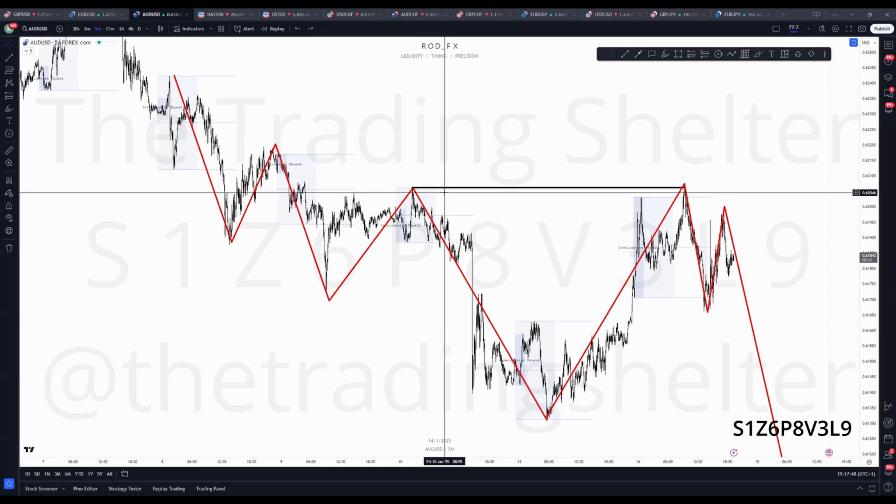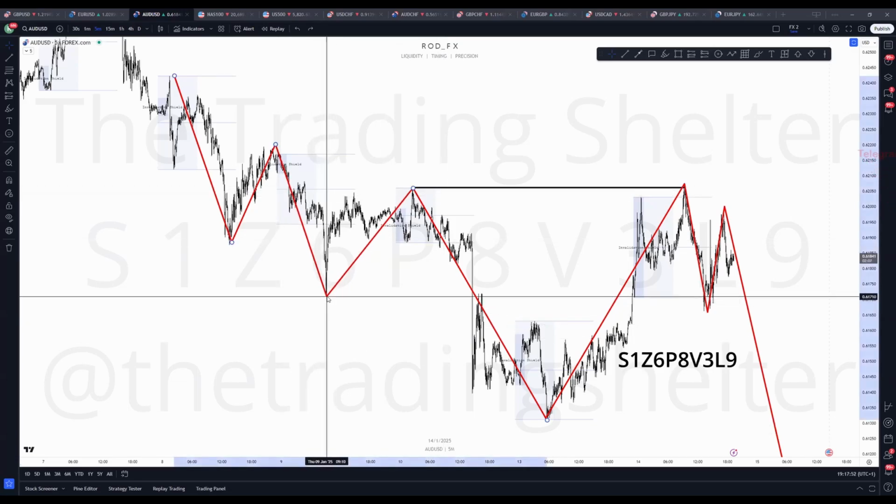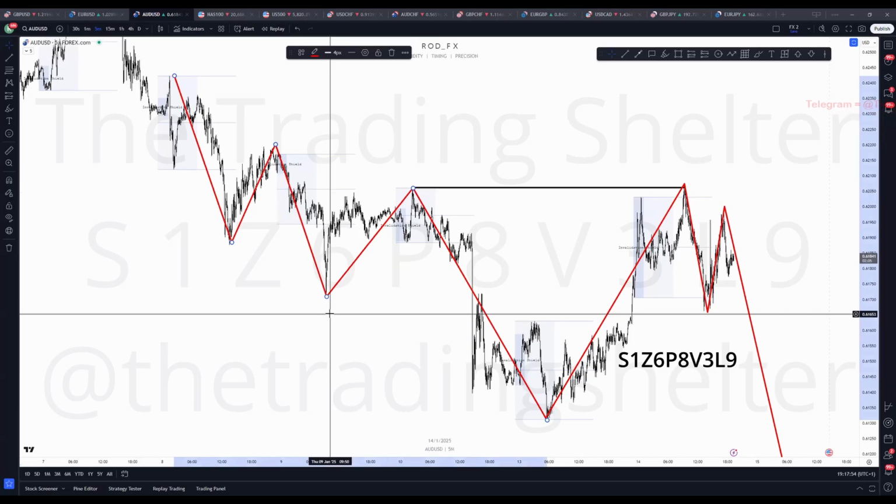What happens with structure and F bosses and IF bosses, and this is potentially going to be the video this week that is going to be launching on Friday, is that most of you will not understand it because in the videos, it's so explained. And I think it's my biggest issue is I understand these things like the back of my hand. So it's so easy for me to see it.